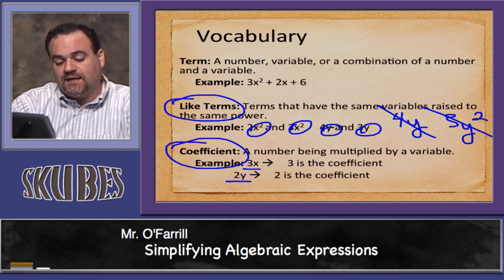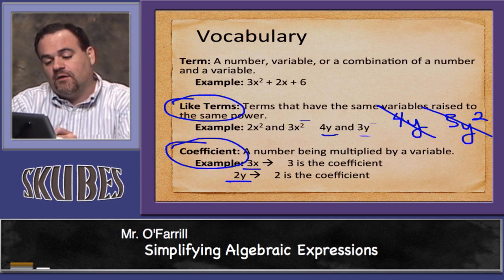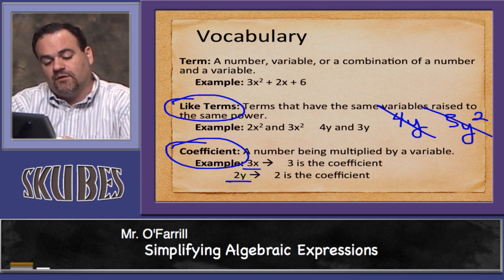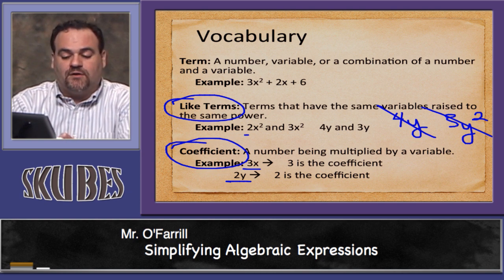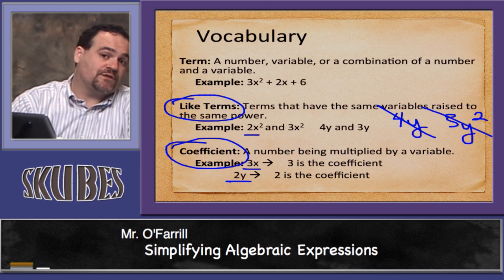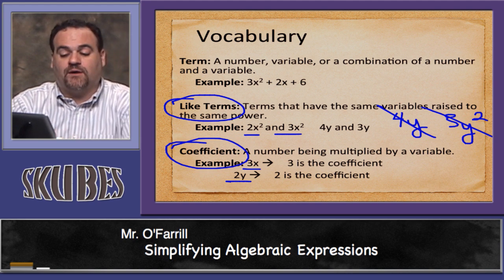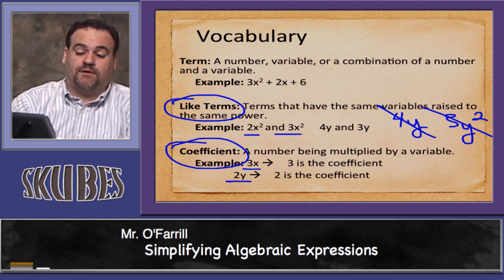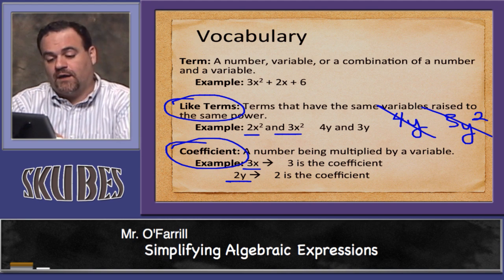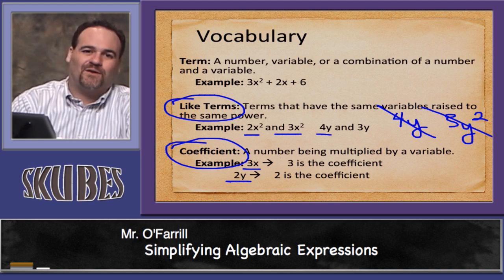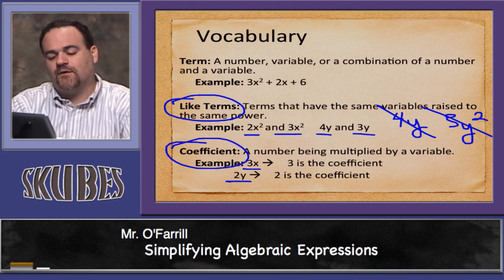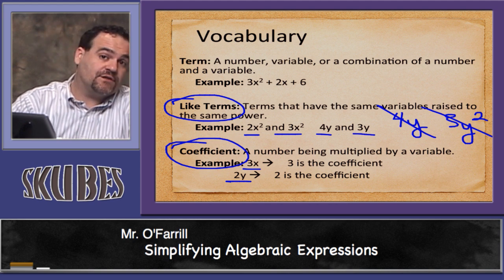And we can do that same thing with all of these other ones. With 2x squared, 2 is the coefficient. With 3x squared, 3 is the coefficient. 4y, the coefficient is 4. 3y, the coefficient is 3.